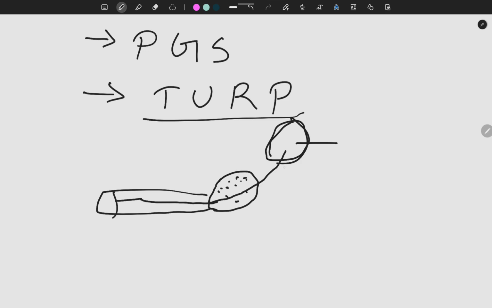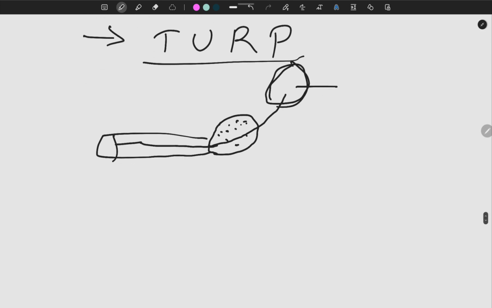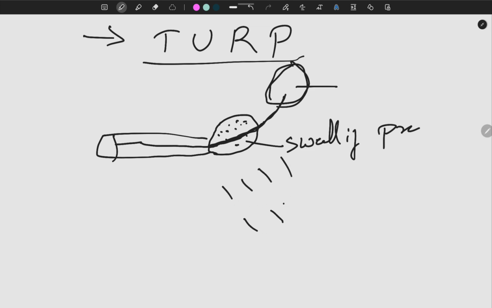So what will happen in this condition? The patient has swelling of the prostate gland. So what will happen? The tube which is present inside the prostate gland will be constricted. Due to the pressure of the prostate gland, the urethral tube will be constricted.